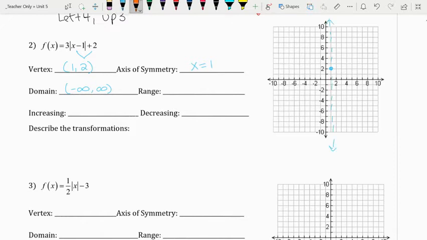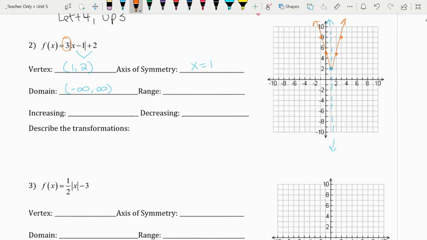You don't have to draw that line if you didn't want to. Now we're going to use our A value to help us with our slope. So we go up 3 over 1, up 3 over 1, and reflect it over. So we have a much steeper V.